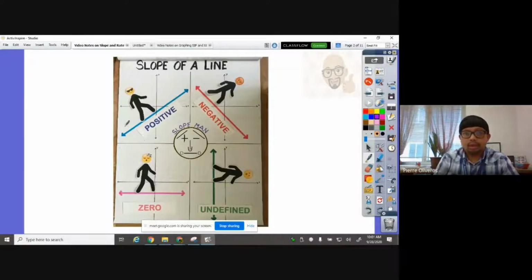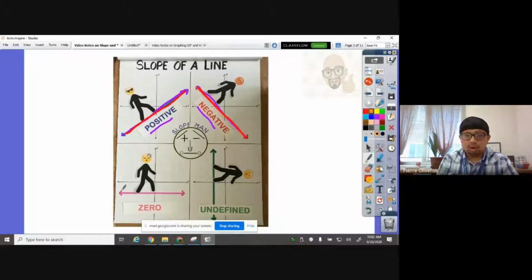So if the graph of the line is going from left to right, going up, we know it's going to be a positive slope. If it's going down from left to right, you are having a negative slope. So if you're going up a hill, you are increasing your slope in a positive value. And if you're going down the hill, then it's going to be negative.